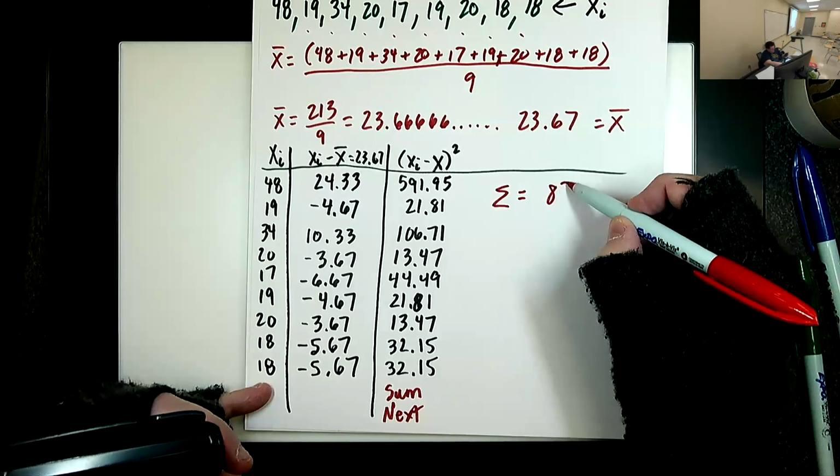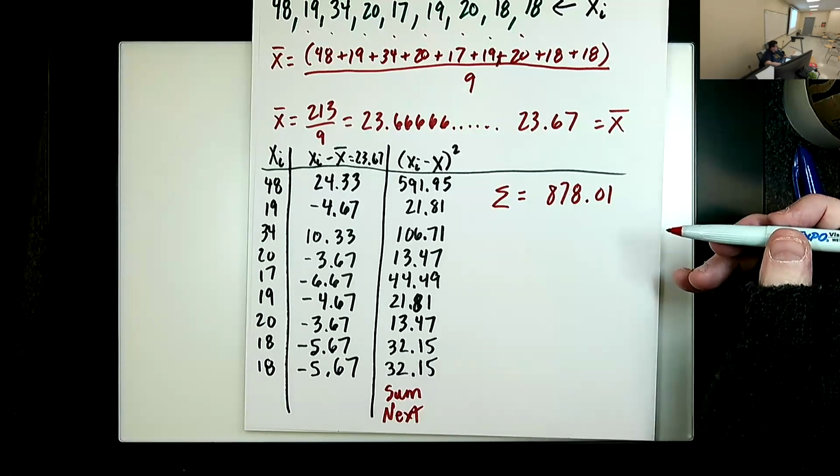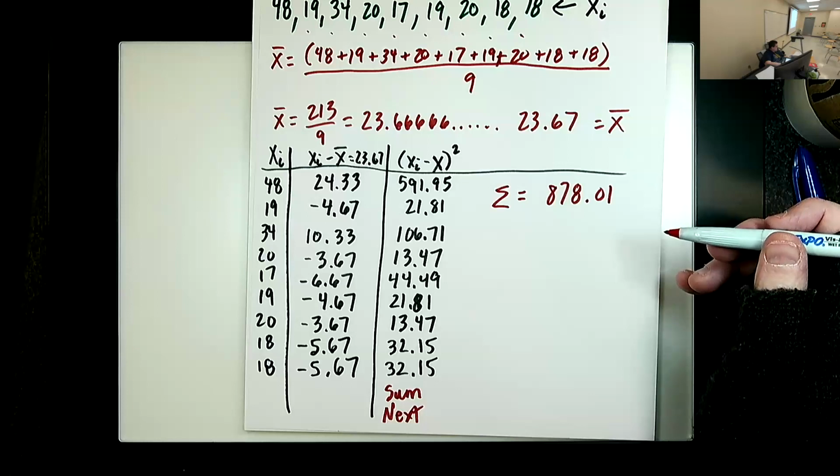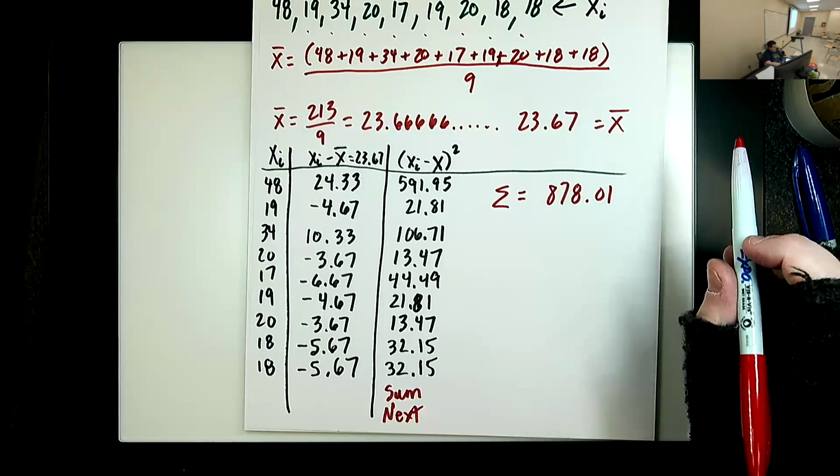I'm getting 878.01. Did you get that too? Okay, good. I'll assume if 2 of us got it, we were right.